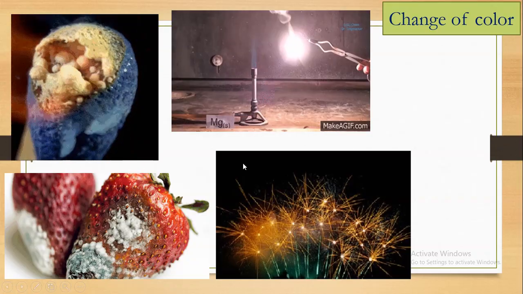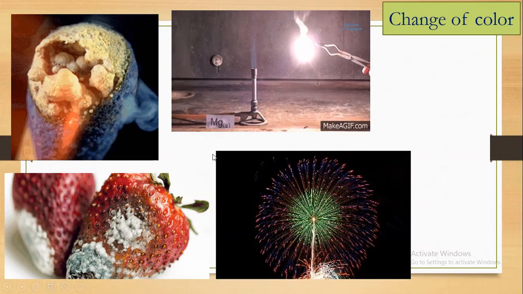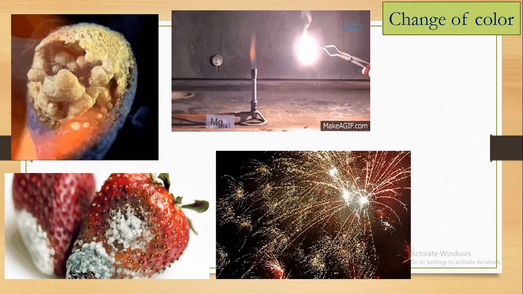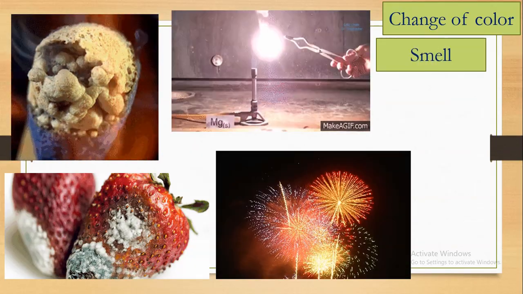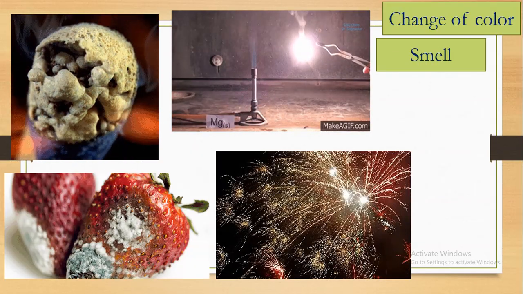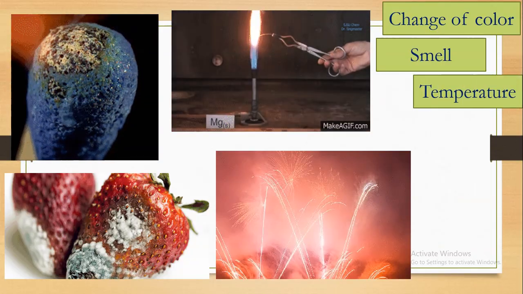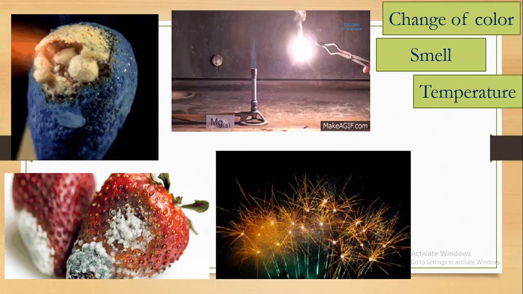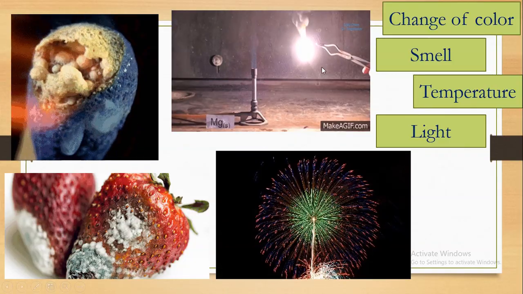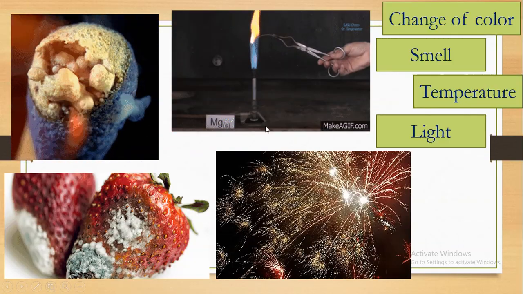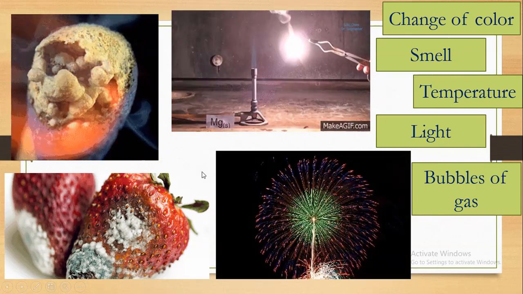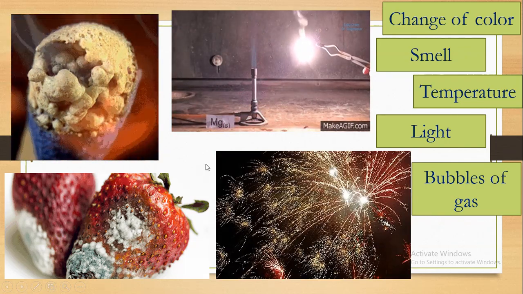So you can see that there is a change of color, right? There is a change of smell, a change of temperature. You can feel the heat sometimes. You can notice the light. Sometimes there are bubbles of gas.